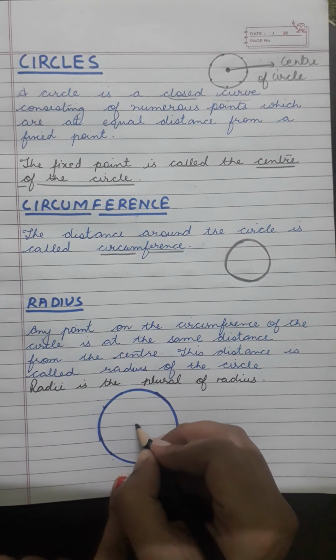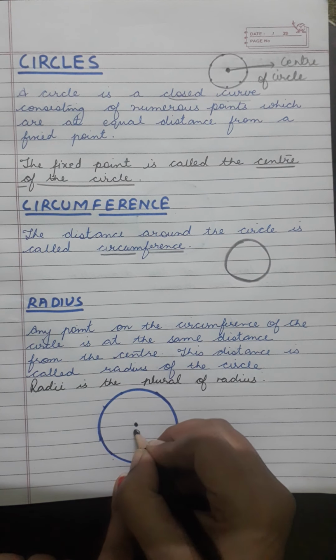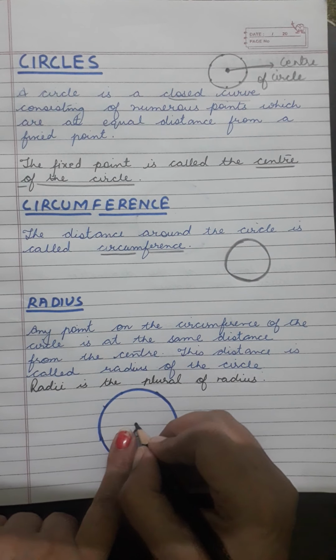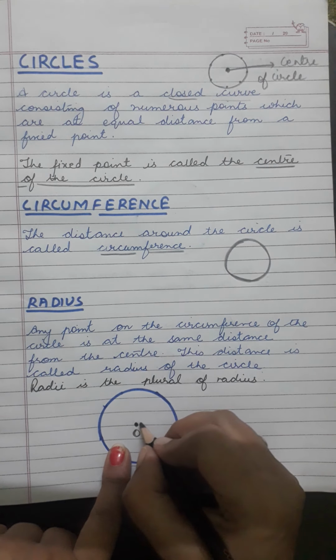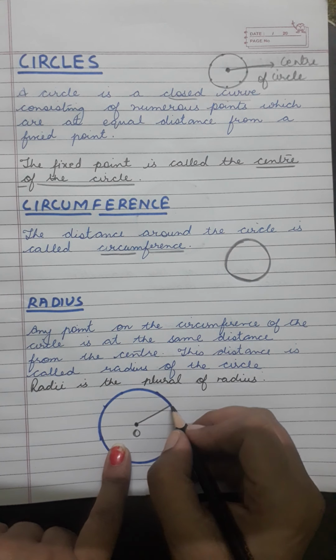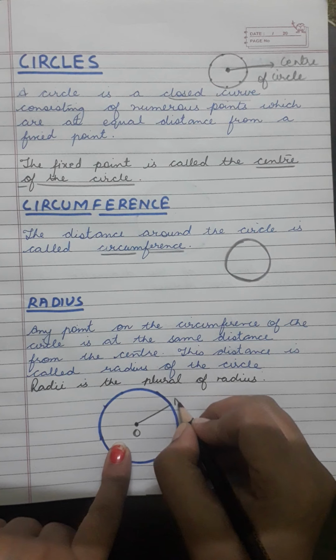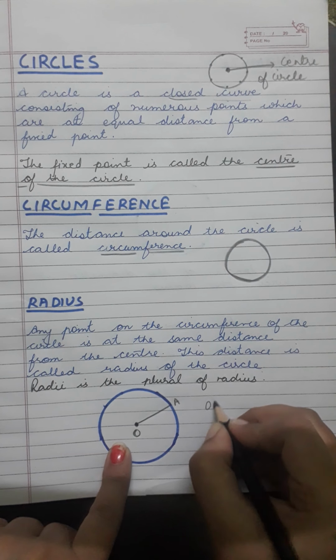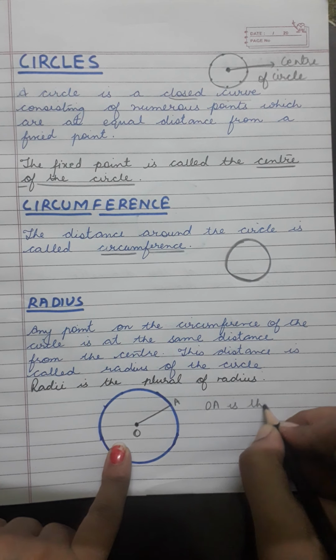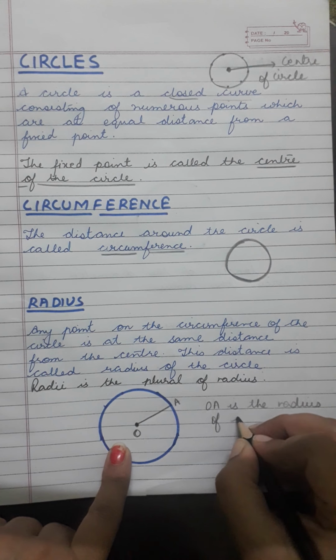Suppose this is the center and we have marked it as O. Any line from this center to the boundary of the circle is known as the radius of the circle. I have written here A, so OA is the radius of the circle.